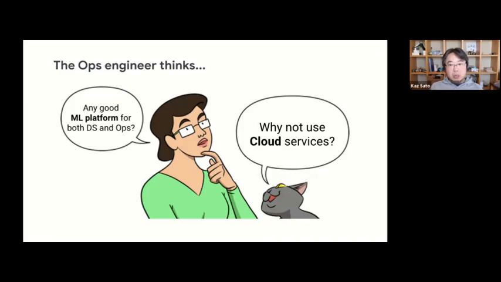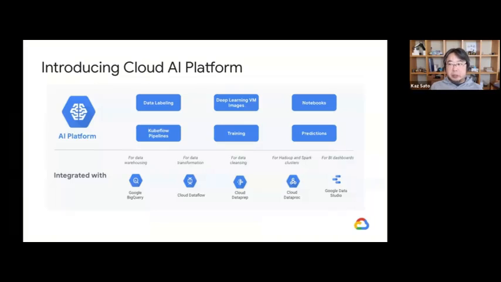So one tool you can introduce here is the cloud services. We have introduced multiple components in the cloud AI platform, such as the data labeling service, deep learning virtual machine images, AI platform notebook, which is a managed version of the Jupyter Notebook on Google Cloud, Kubeflow pipeline, and training and predictions.